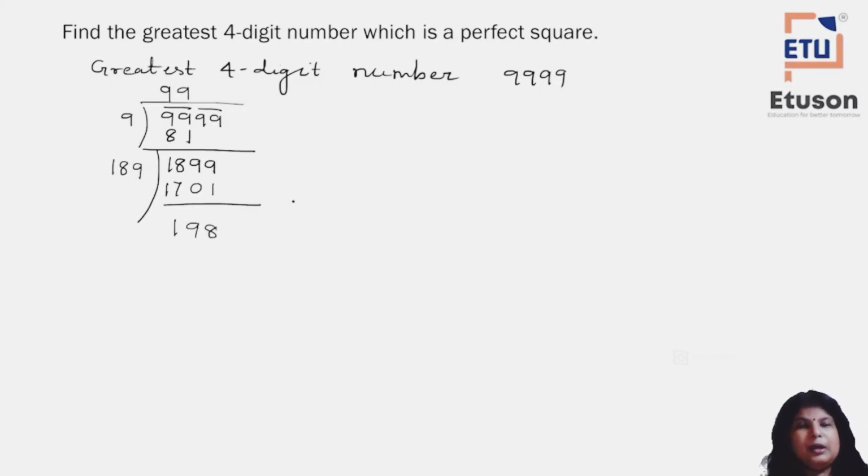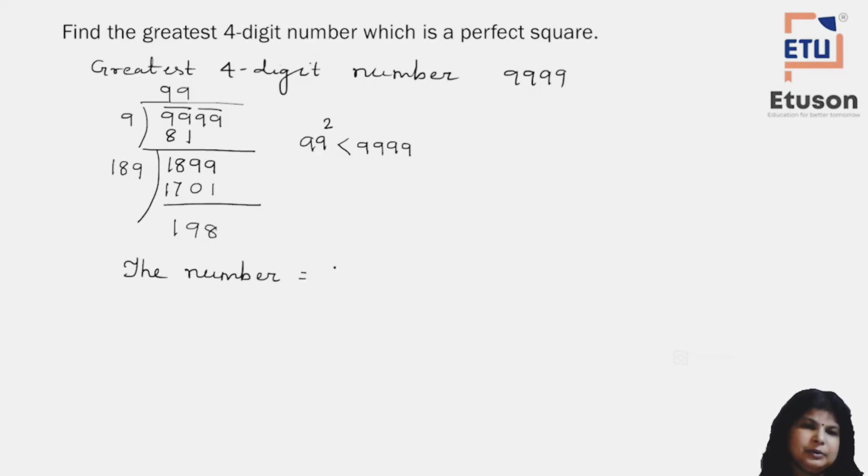Now if you multiply this 99 into 2, you get 198, but you cannot go further. So here, as you can see, your 99 square is less than 9999. Correct?